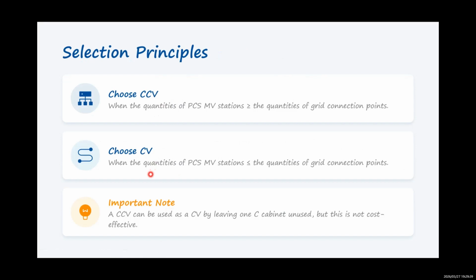When the quantity of PCS MV stations is less than or equal to the quantity of grid connection points, then we choose CV. However, a CCV can be used as a CV by leaving one C cabinet unused, but this is not cost effective.